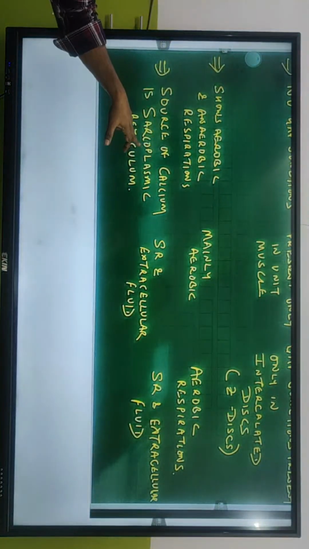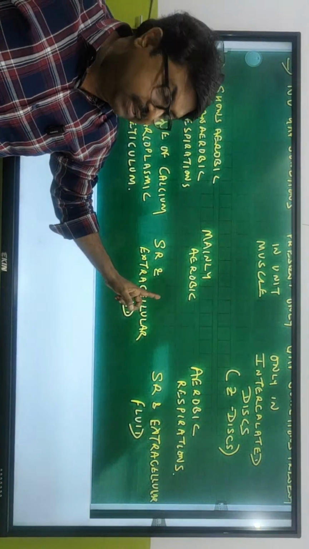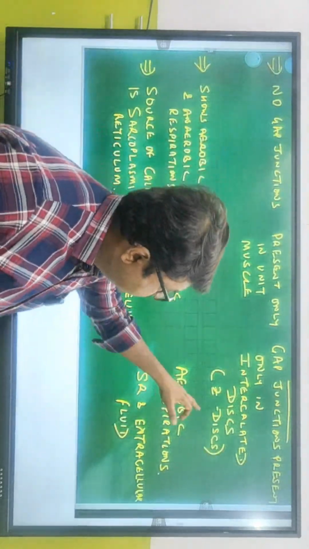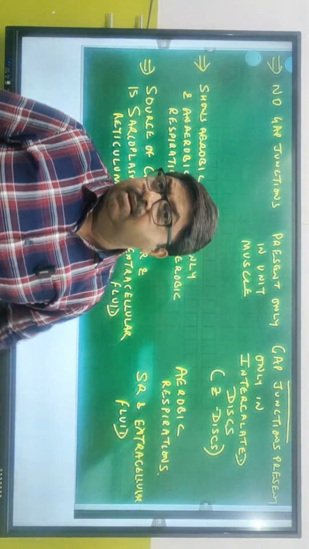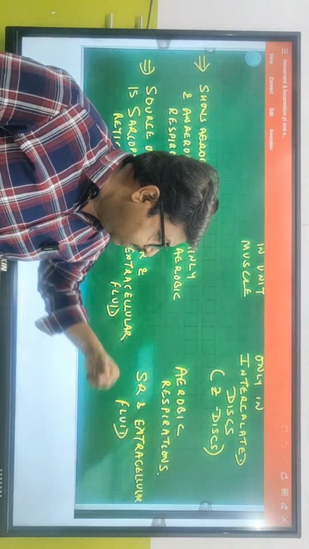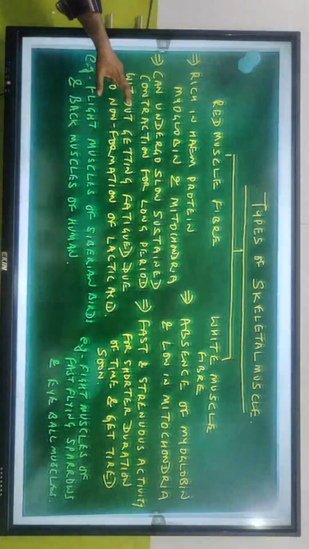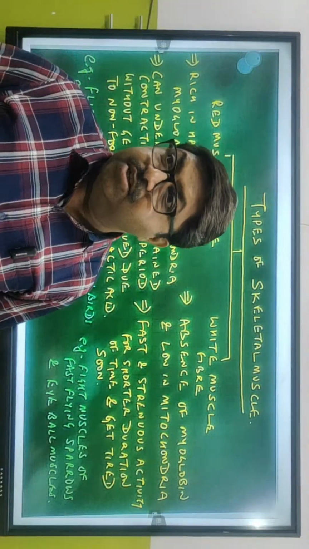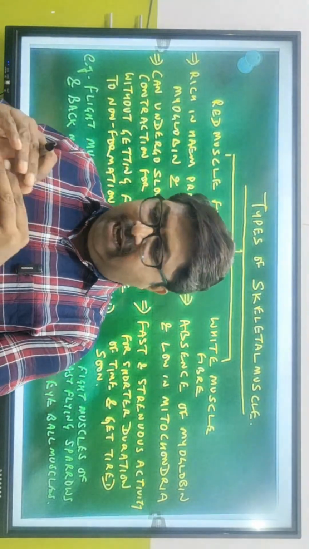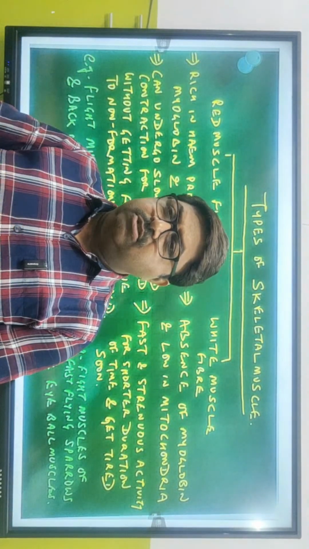Source of calcium is the sarcoplasmic reticulum. Here, the source of calcium is the SR, sarcoplasmic reticulum, and extracellular fluid. And what about cardiac muscles? Again, sarcoplasmic reticulum and extracellular fluid. Extracellular fluid: outside the muscle cell, every other fluid is extracellular fluid.